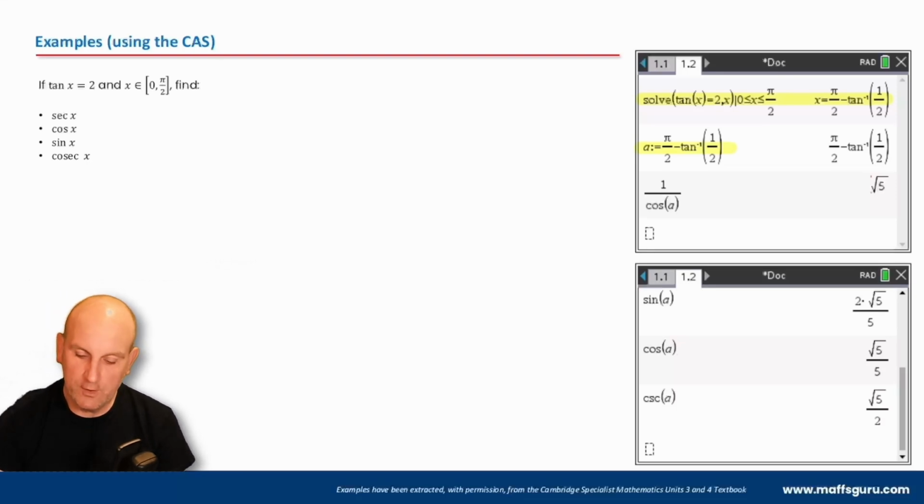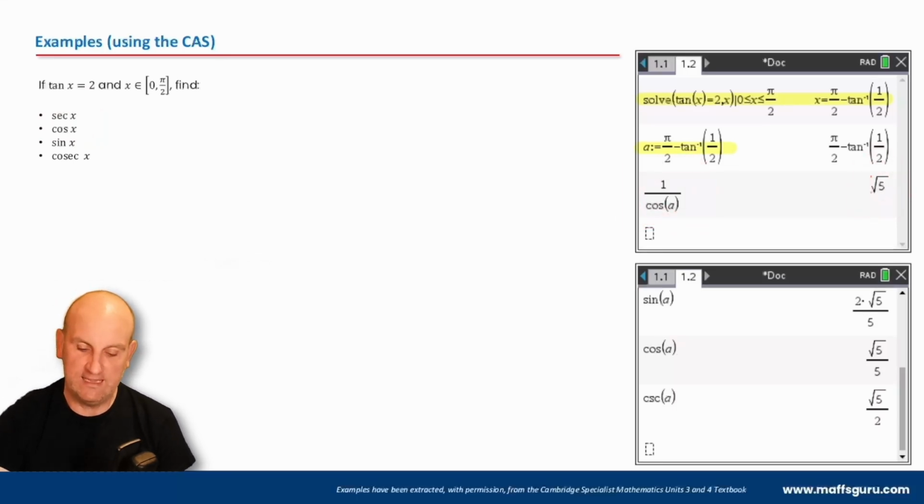Although it looks like here we have x equals, and you should theoretically be able to use x, it doesn't work that way. So what I've done is define a value a and said, let that be the solution. And the calculator's gone, all right, I remember that. So now to find sec of x, which is effectively 1 on the cos of a, I just do 1 on cos of a, and it's root 5.